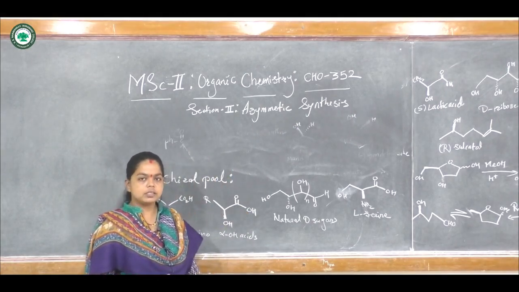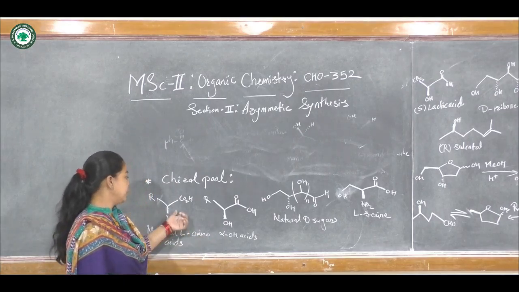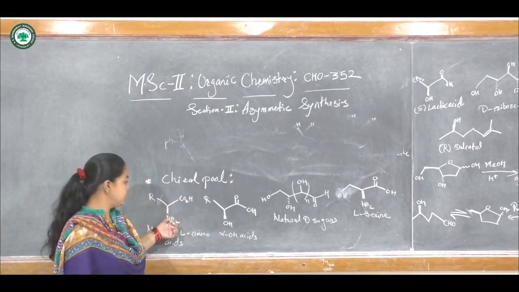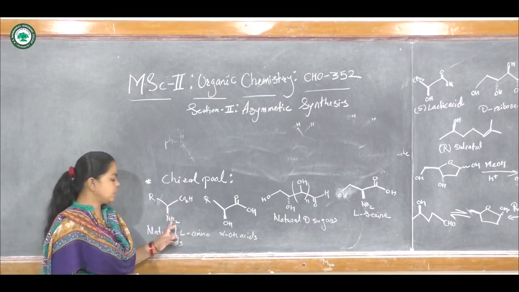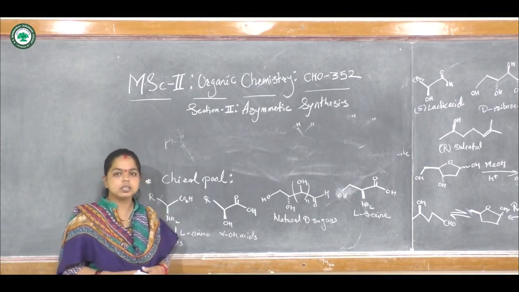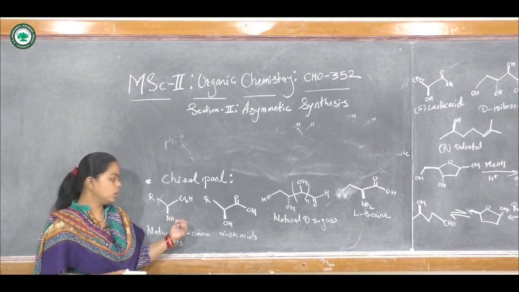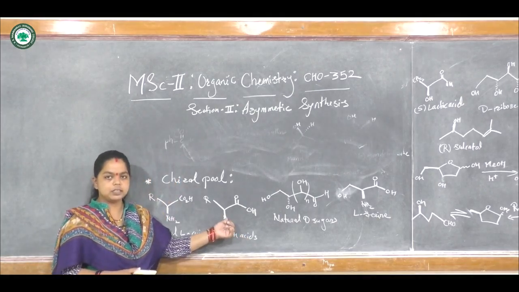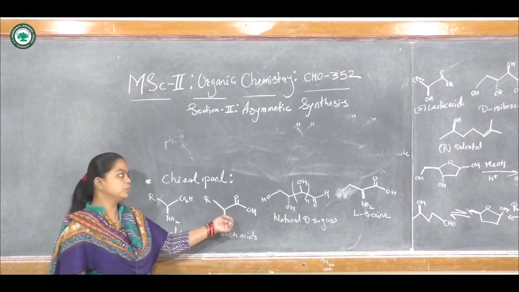The L amino acid has the general formula RCH(CO2H)NH2. The amino acid contains a carboxylic acid as well as an amino group, and the amino group is always shown beta oriented because this is the L amino acid. Different types of alpha hydroxy acids are also present in nature. They are also used as chiral molecules or chiral pool.